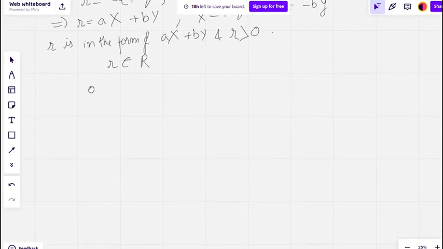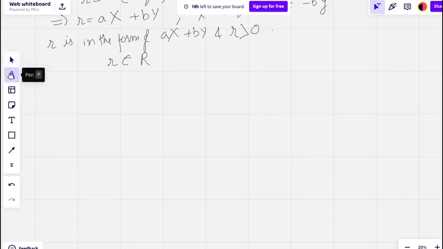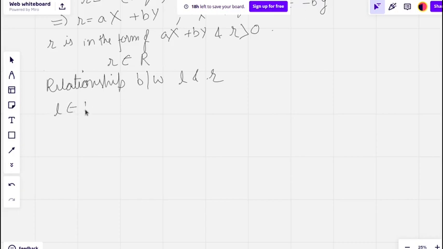Now let us try to see the relationship between L and R. L belongs to the set R and R also belongs to the set R, and L is the minimum.